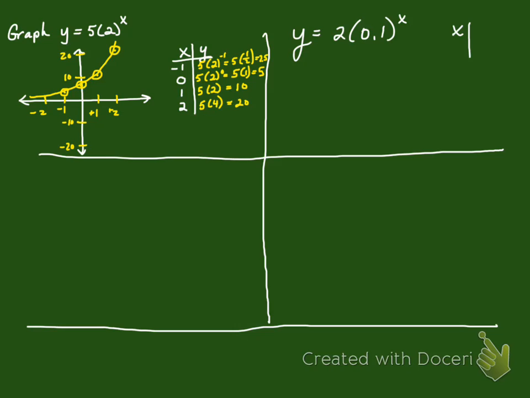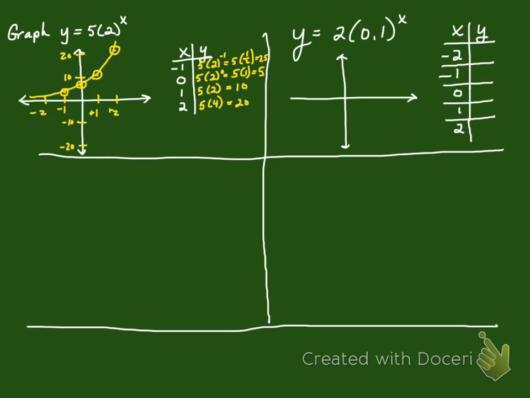Our second graph, y equals 2 times 0.1 to the power of x. Again, if we plug in values, -2, -1, 0, 1, and 2, when x is -2, we're going to get 200. X is -1, 20. When x is 0, we're going to get 2.